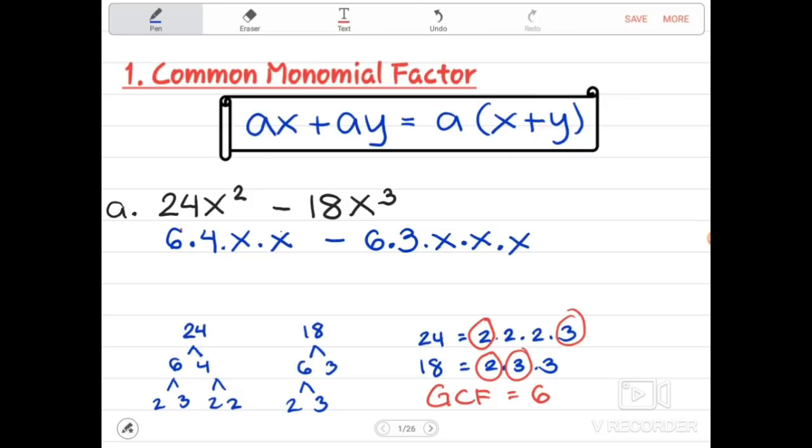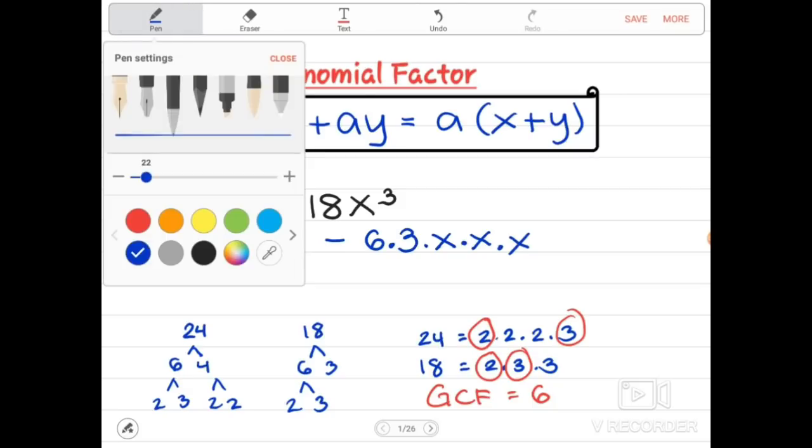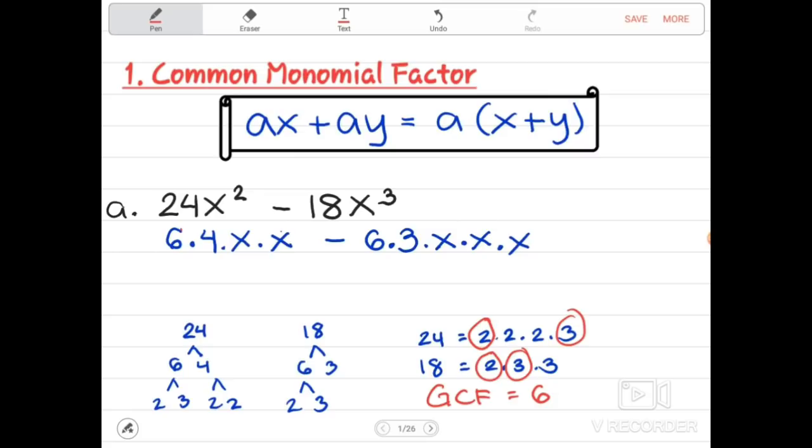Then let us get the common monomial factor. Ano ba yung mga magkakapareho sa kanila? 6. Let us cross out 6 and 6. Then how many x ang magkakapareho sa kanila? Dalawa, 2 na x. So that is x squared. Okay?